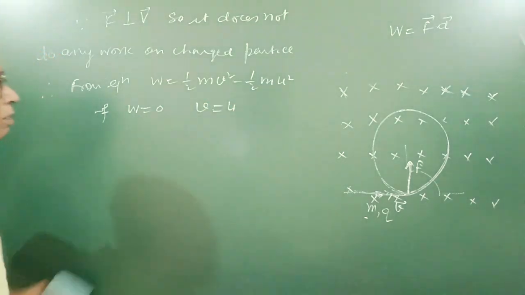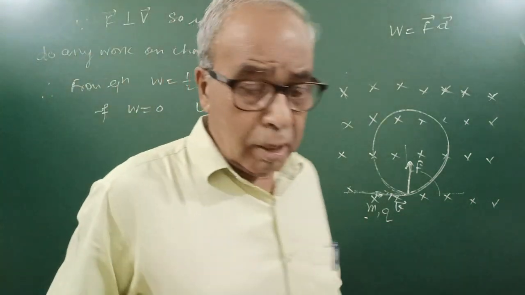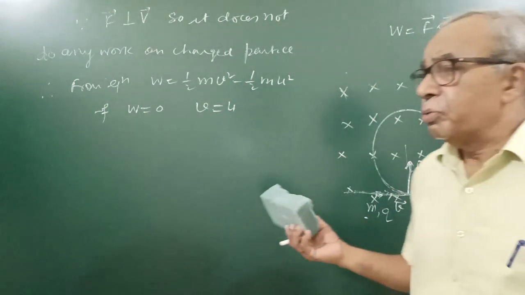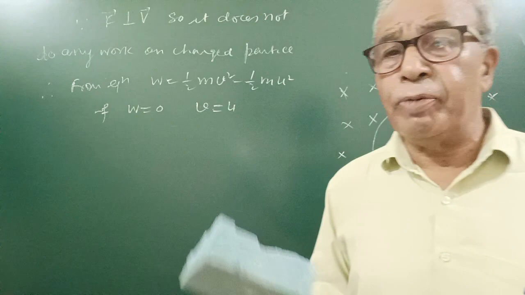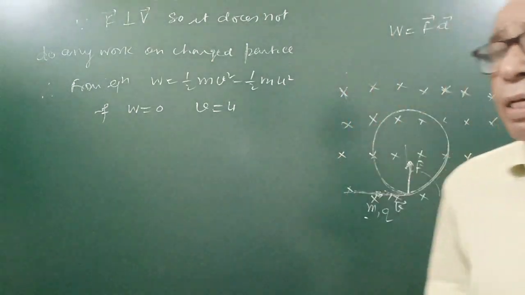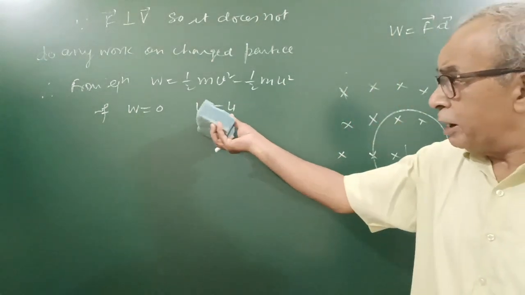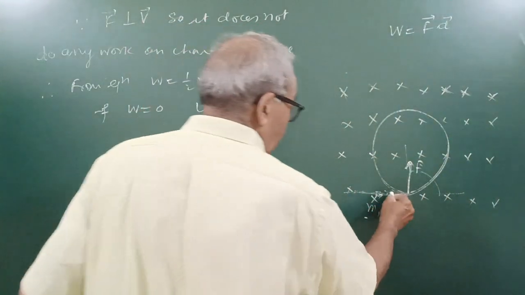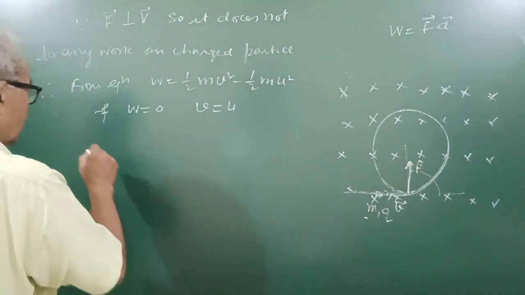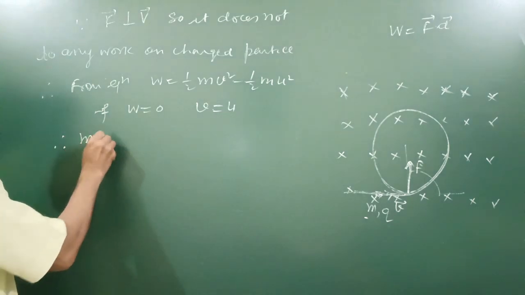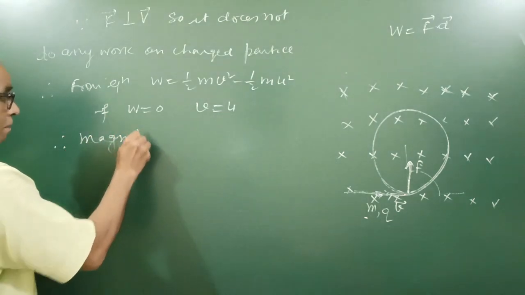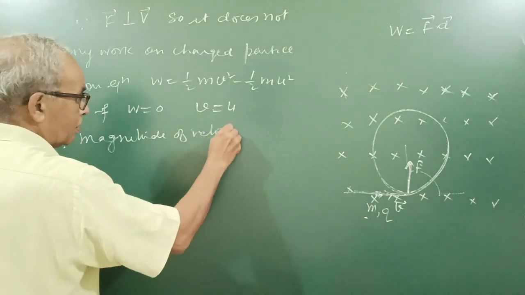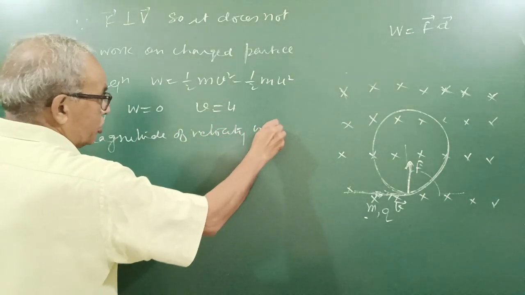What does it mean? I am explaining this fact; this is not written in books. I mean to say here that when force acts at right angle, it does not change the magnitude of velocity. So the magnitude of velocity will not change.